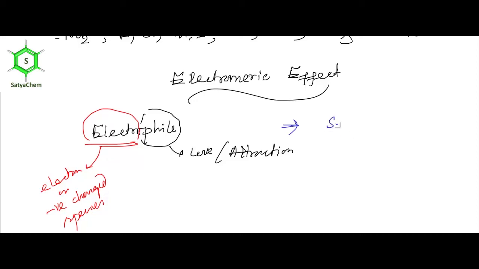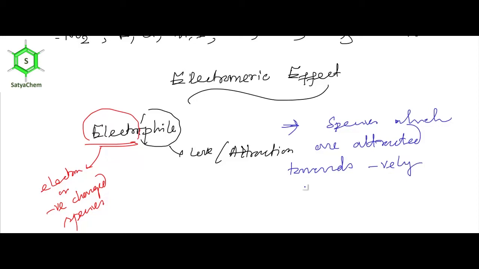So species which are attracted towards negatively charged species are called electrophiles. And usually we indicate electrophile by E plus.